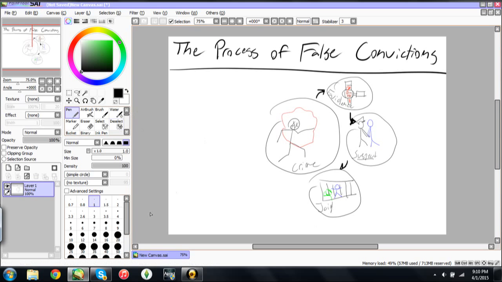But the cellmate isn't always very reliable. Oftentimes, this cellmate will use our suspect's trial as an advantage. This is called jailhouse snitching.